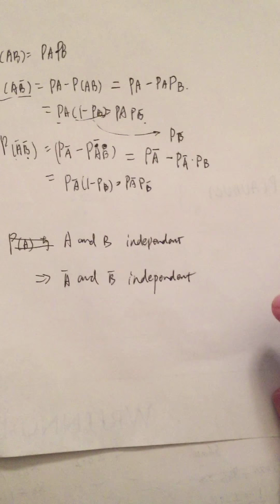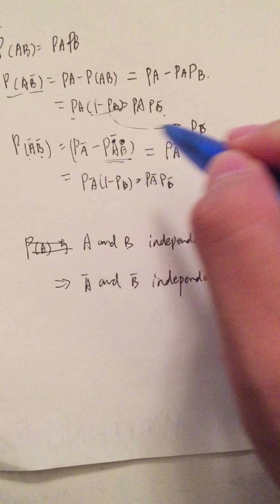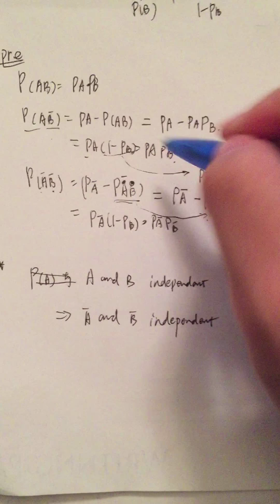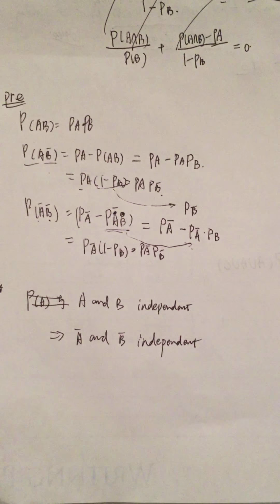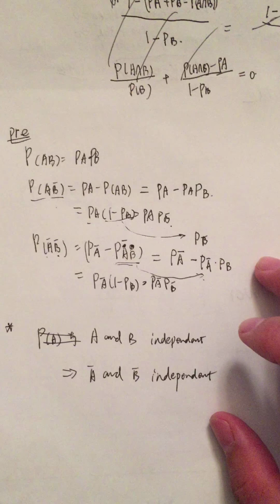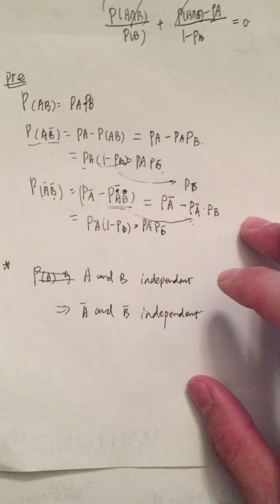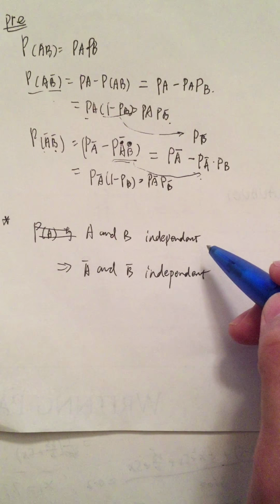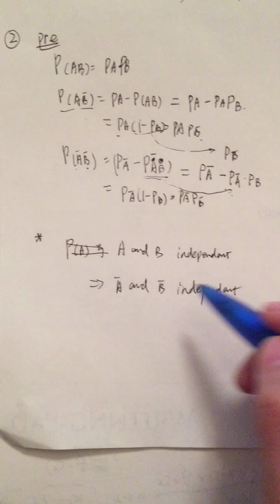Note that we use this transform. This is not exactly from this, but A and B are the same, so it doesn't matter. So we prove that if A and B are independent, then not A and not B are independent.